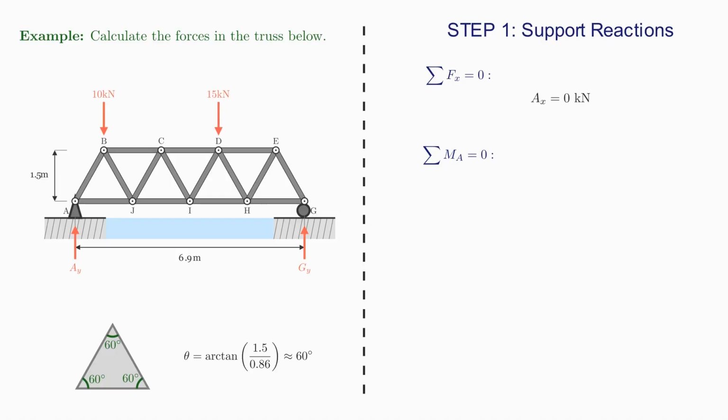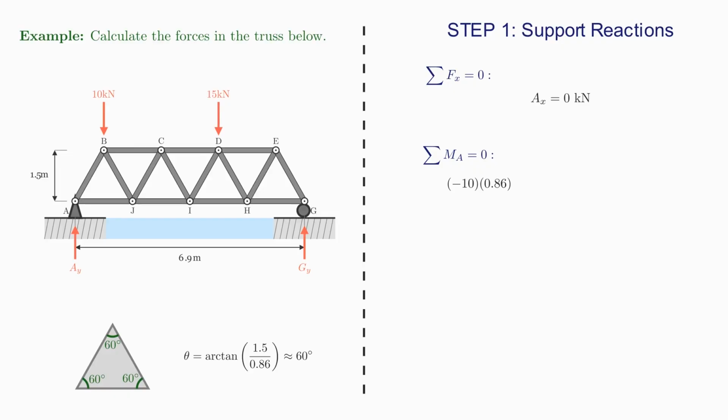So we can ignore AY because this is a distance of 0 from A, so we'd multiply this by 0, which will cancel it out. The next force we have is the 10 kilonewtons. If we fix A and press down onto the truss from the top, this would rotate the truss in a clockwise direction, which means that we need to take this as negative moments. Therefore, we get minus 10 times 0.86.